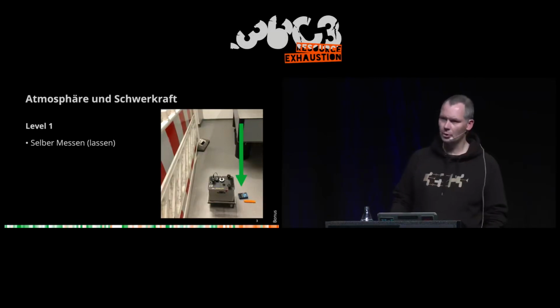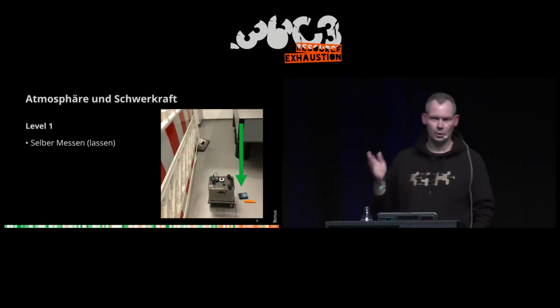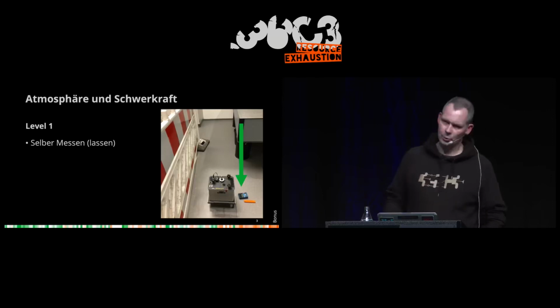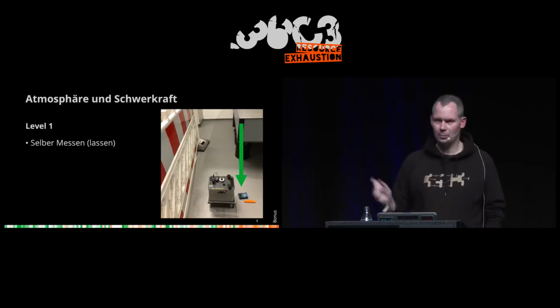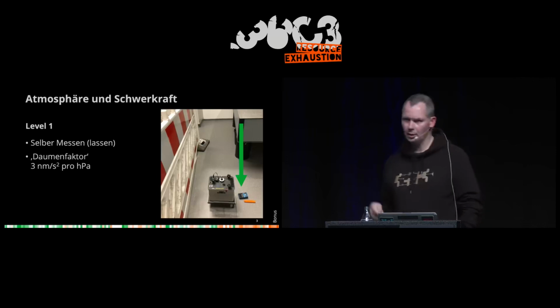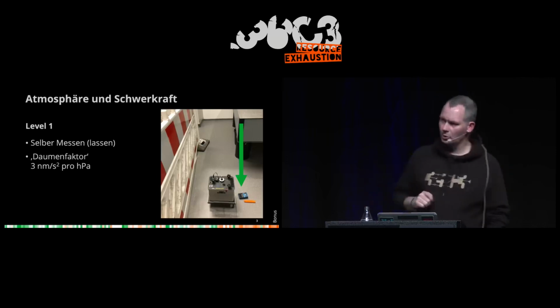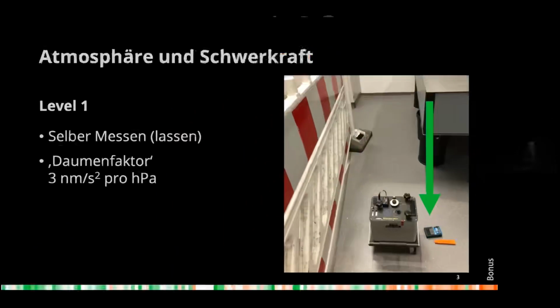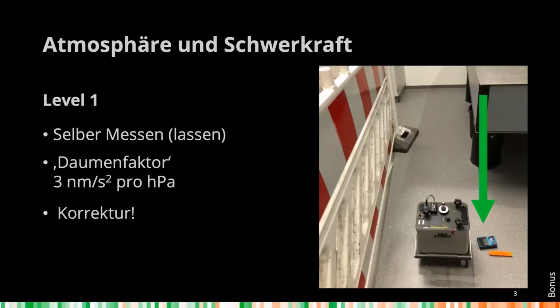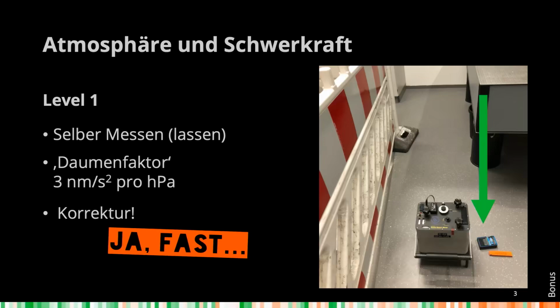And this is something that measures air pressure over time. So I subtract the standard air pressure and then have a delta air pressure. By a rule of thumb, I usually have 3 nanometers per second squared per hectopascal. Then I have the correction I need to know over time.